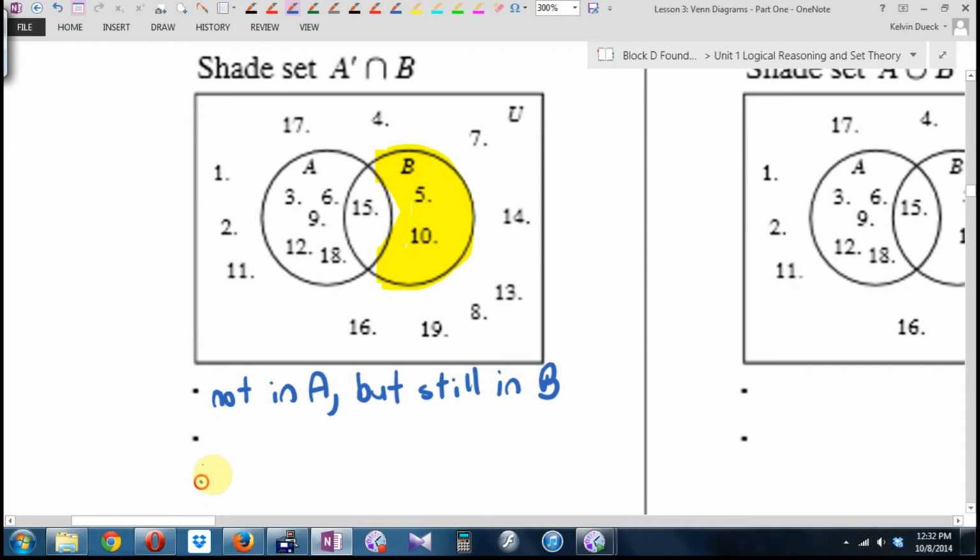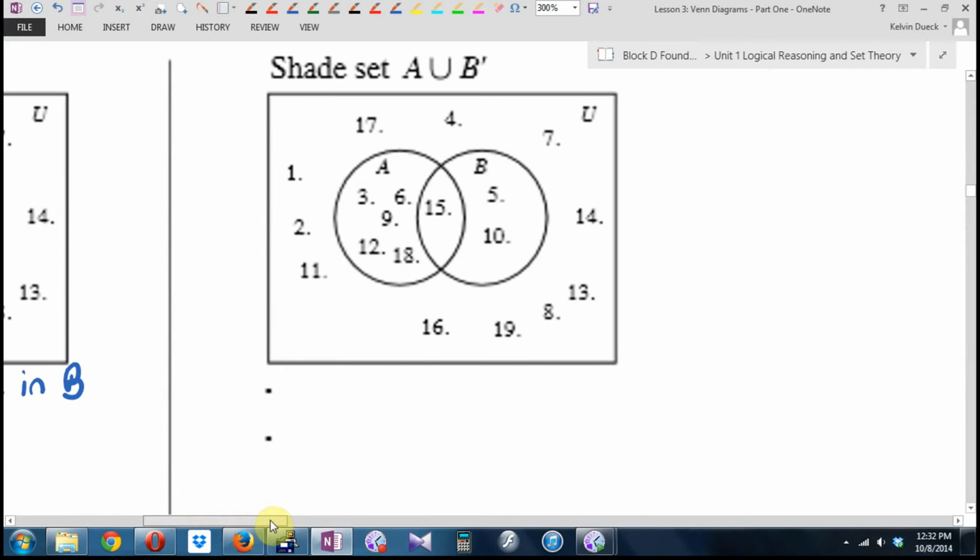What is n of A prime intersection B? Two. Easier to count than subtract. All right. Let's shade A union B prime.